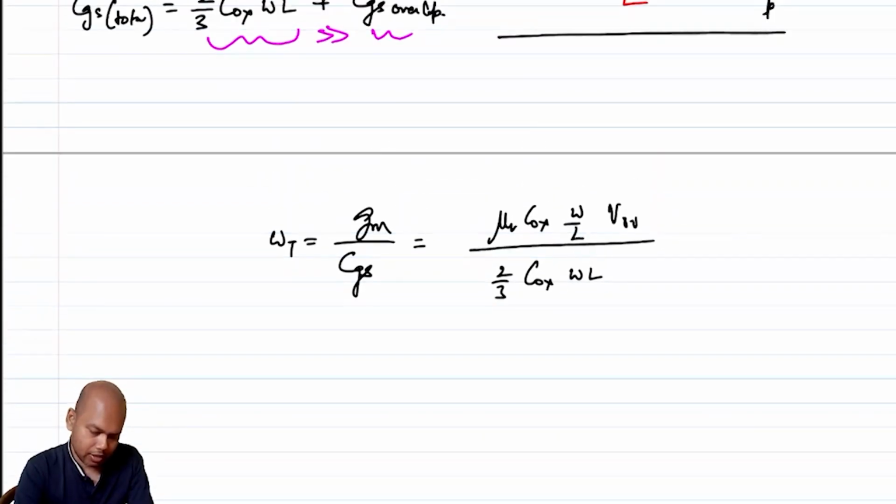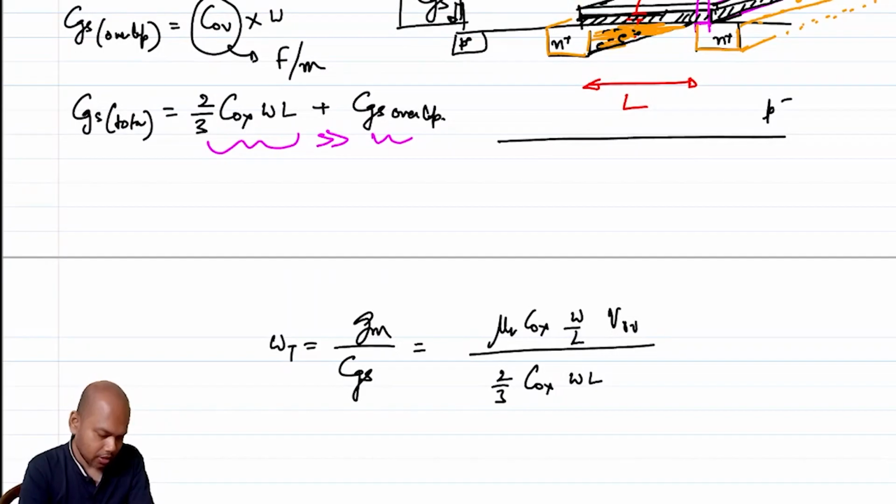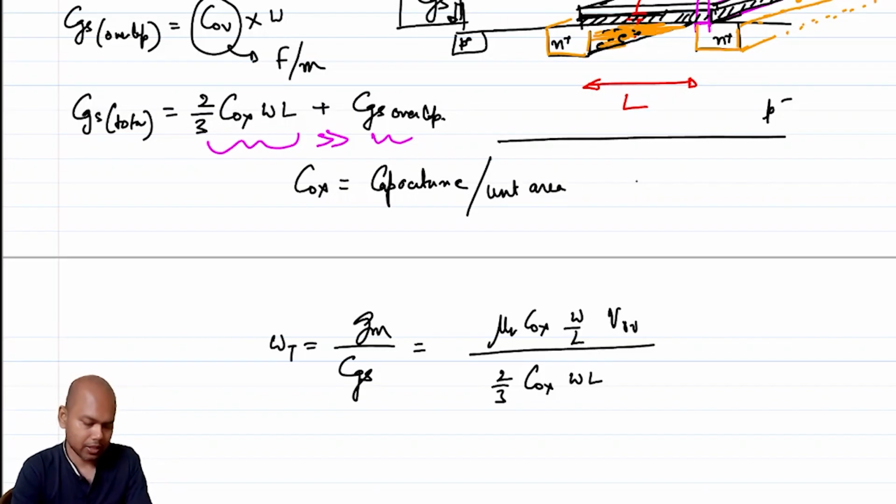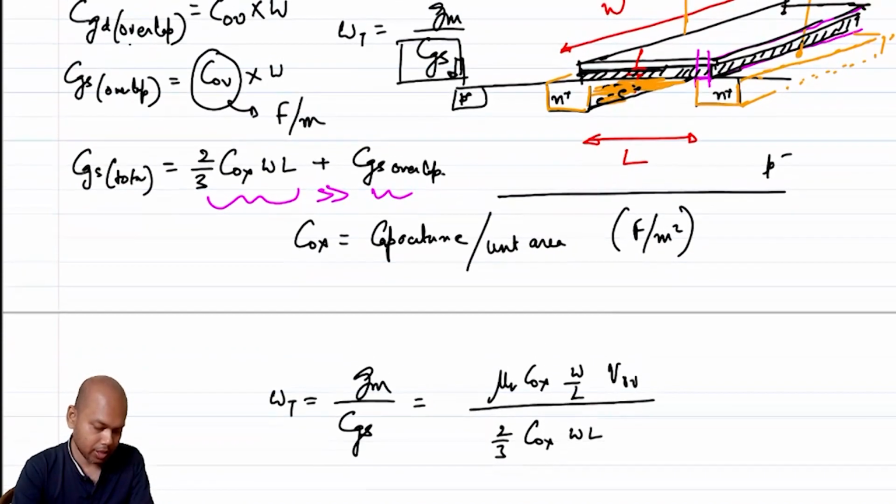By the way, and just for the sake of clarity, Cox is capacitance per unit area, right? So basically this is farad per meter squared. So you'll have to be slightly careful with respect to the units.